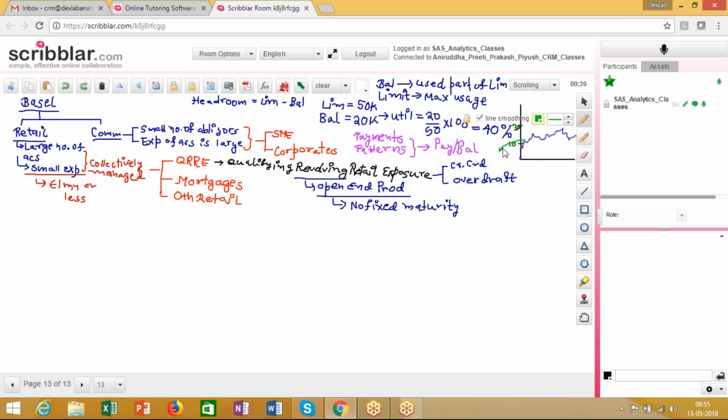This is the utilization. However, what I see is that the payment balance ratio that this guy has lies between 0 to 10%.